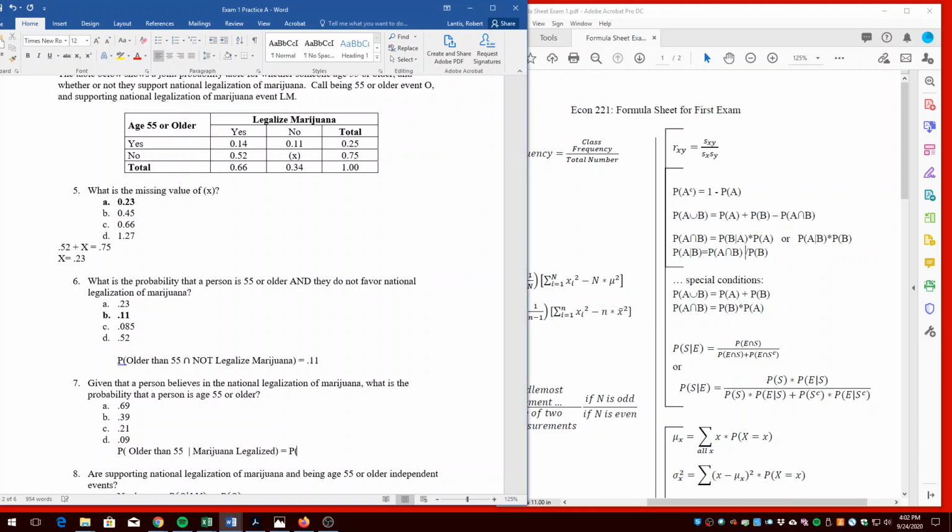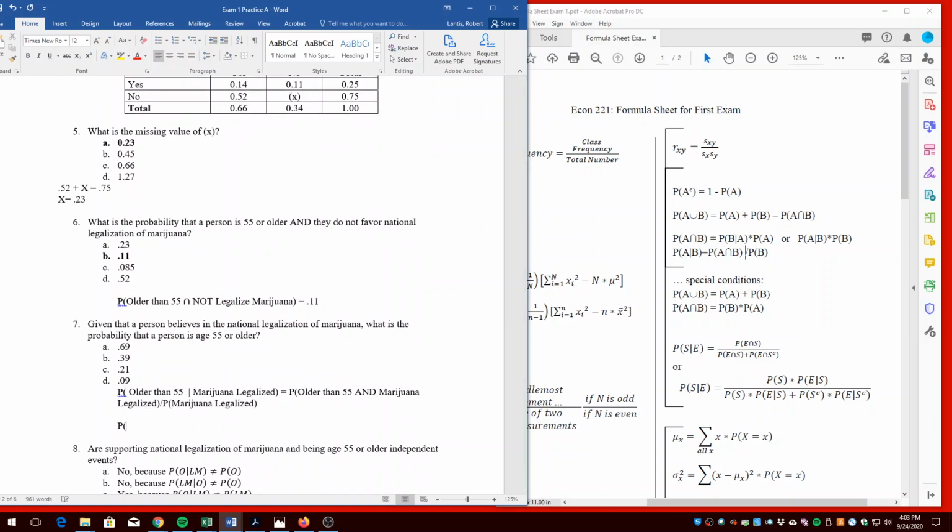So I want older than 55 and marijuana legalized, and I want to divide that by the probability of what I conditioned on, what's to the right of that vertical line, so that's wanting marijuana legalized. Now with how I was calling those events, we could think about this as older than 55 and marijuana legalized divided by the probability of wanting marijuana legalized. It doesn't matter if I reuse the words or just the shorthand.